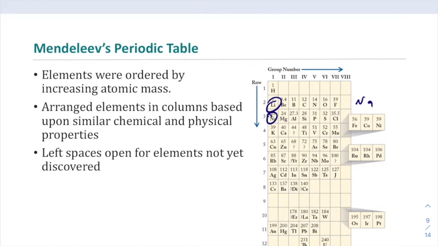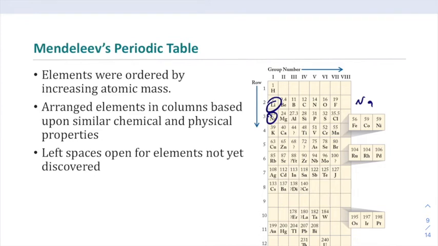He starts a new row, if you will. Okay? And he left spaces where there were no elements. And sure enough, he predicted that we'd discover an element that fit there.